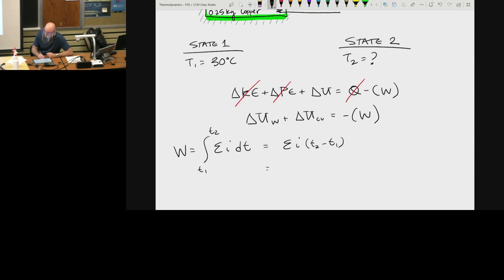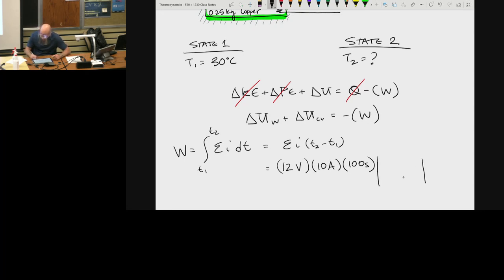Okay, so this is going to be equal to our voltage, which was 12 volts, our current is 10 amps, and we're taking it times 100 seconds. Now the units of work are going to be in kilojoules, and so we're going to have to do some conversions here.